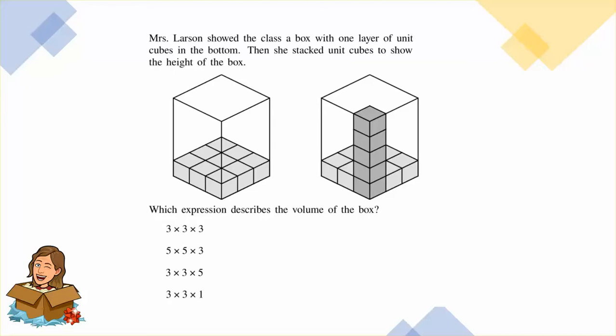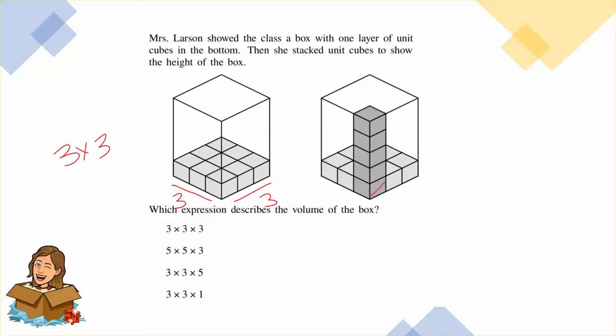So remember, what we want to do is start by figuring out how many cubes are in our bottom layer. Well, this is 3 wide, and it's 3 that way. So on the bottom, I would have 3 by 3 blocks. Then I need to multiply that by the number of layers.